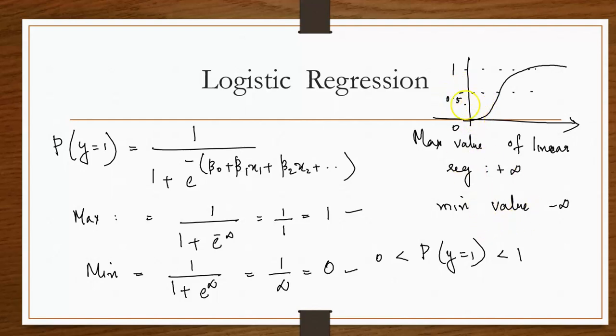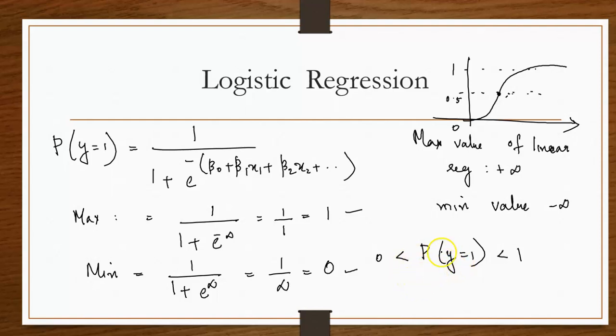We can fix a threshold line, 0.5 or 0.6 or 0.10, that is 10%, 50% or 60%, depending on the scenario. If the probability value is above 0.5, we can say it belongs to class 1, and if it is less than 0.5, we can say it belongs to class 0.